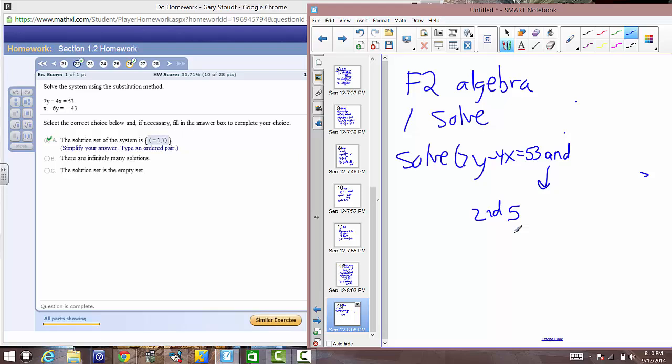Then you choose option 8 for test, and then you choose option 8 for the word and. Now again, you can type the word and, but if you'd like to get it from the menu, that's where you can get the word and from. And then you put in the second equation after the and. x minus 6y equals minus 43.